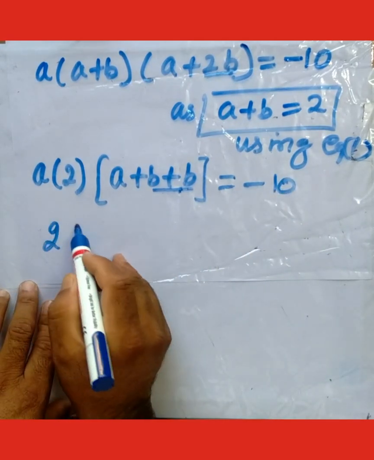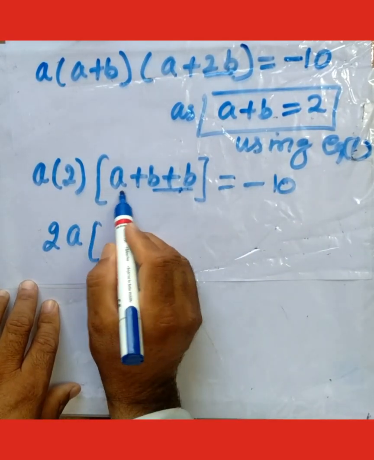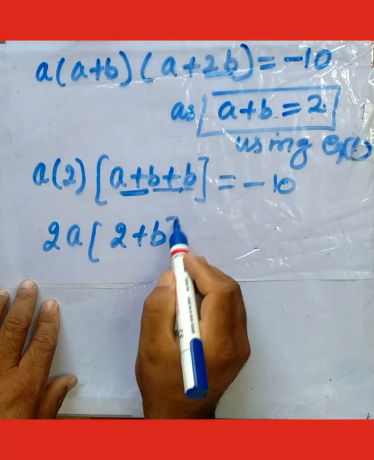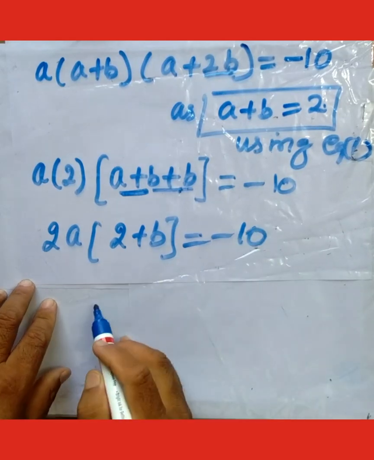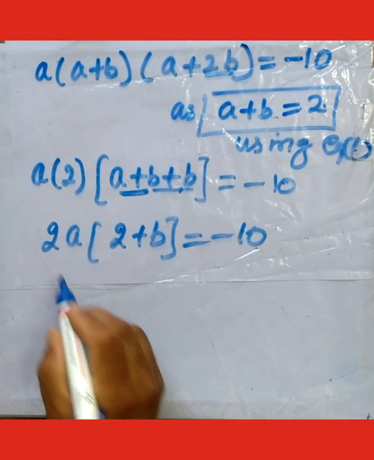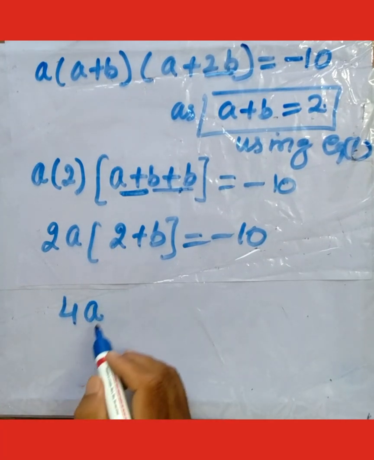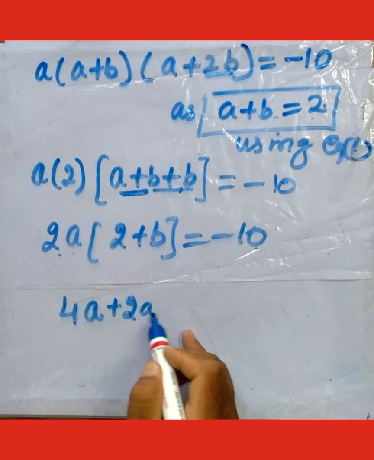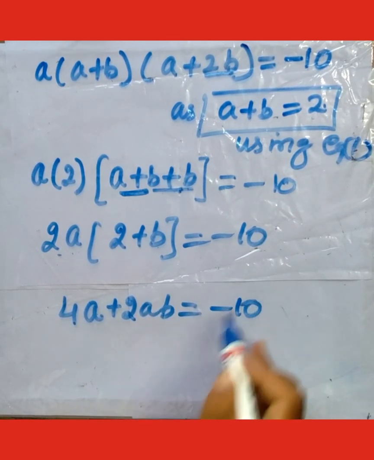So a into a, that is 2a, putting the value of a plus b here, a plus b is equal to 2, so 2 plus b is equal to minus 10. Now solving this, 2 into 2, that is 4a plus 2ab is equal to minus 10.